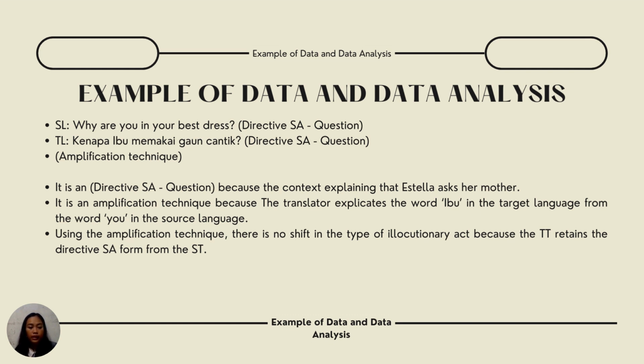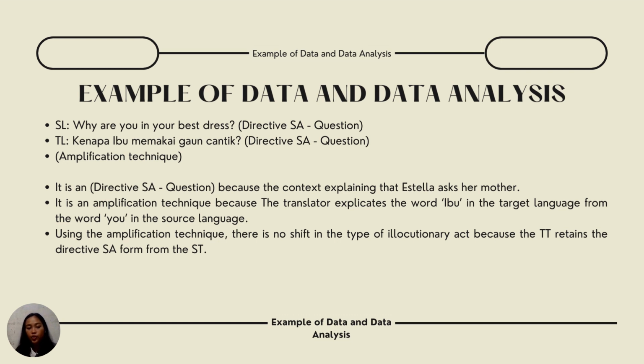So the source text is: why are you in the best dress? The illocutionary speech act is the directive speech act, specifically the question. And the target language is: kenapa ibu memakai gaun cantik. The illocutionary act is the same, the directive, and it's a question too.